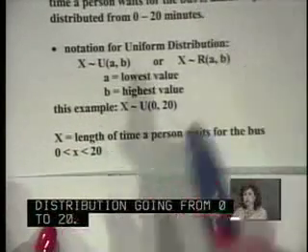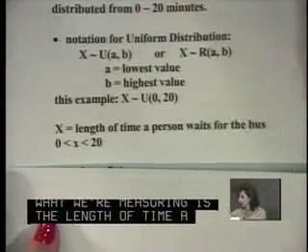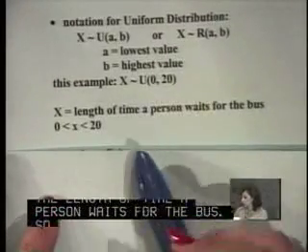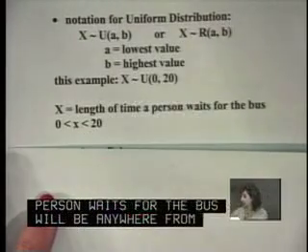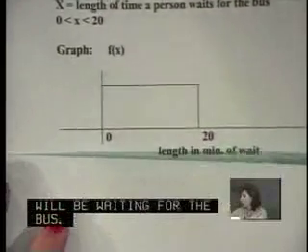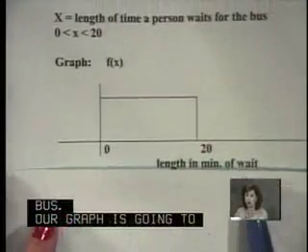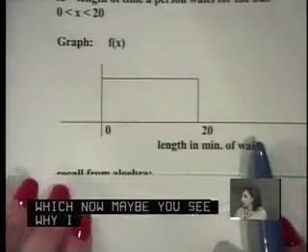What we're measuring is the length of time a person waits for the bus. So the length of time a person waits for the bus will be anywhere from 0 to 20 minutes. That's how long somebody will be waiting for the bus. Our graph is going to look like a rectangle, which now, maybe you see why, it's sometimes called the rectangular distribution.